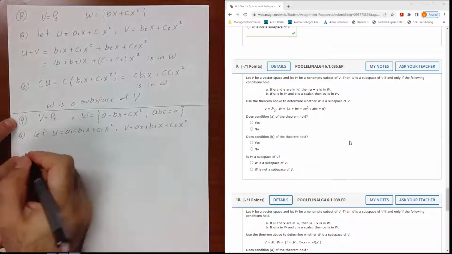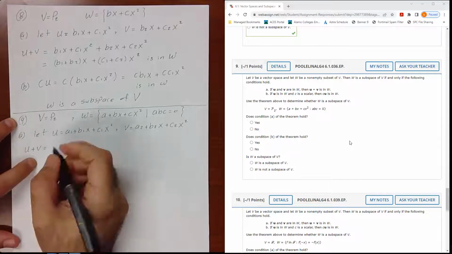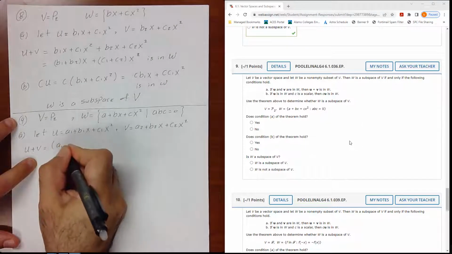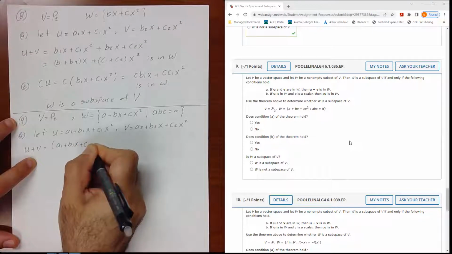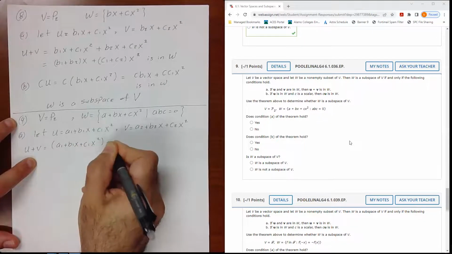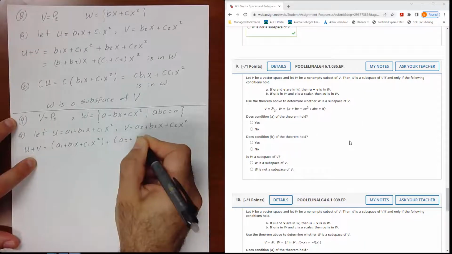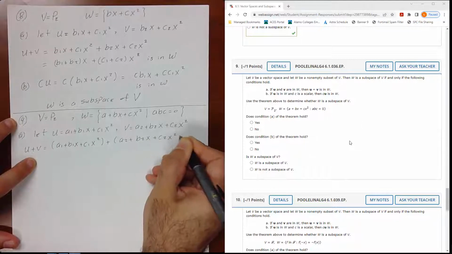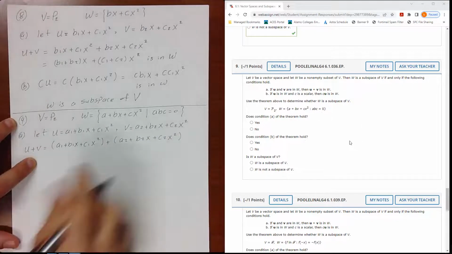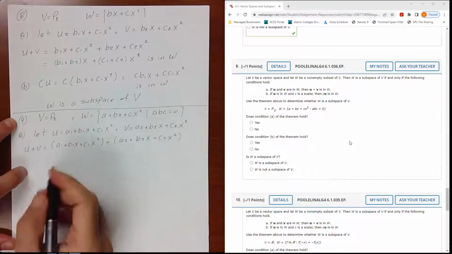So here is U and here is V. Now U plus V is going to be equal to A1 plus B1x plus C1x squared plus A2 plus B2x plus C2x squared. We can combine these two polynomials by adding the like terms.